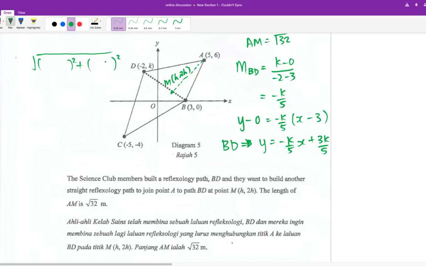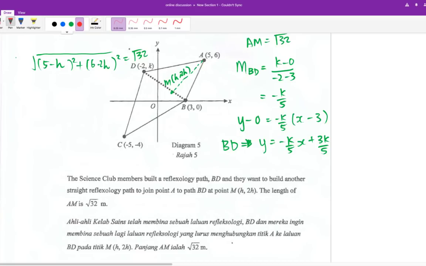So I will say something like 5 minus h, squared, and then 6 minus 2h. So here I will have 6 minus 2h squared. Alright, I hope you can get it. So then it equals square root 32.